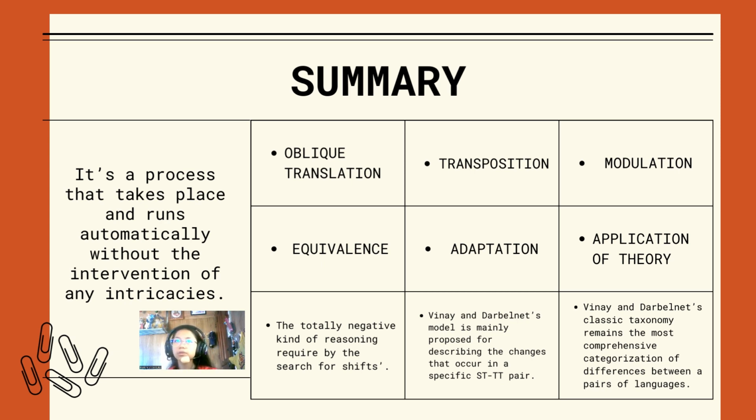However, Vinay and Dalbernet's classic taxonomy remains the most comprehensive categorization of differences between pairs of languages. And it still has profound influences on a wide range of new developing translation theories.